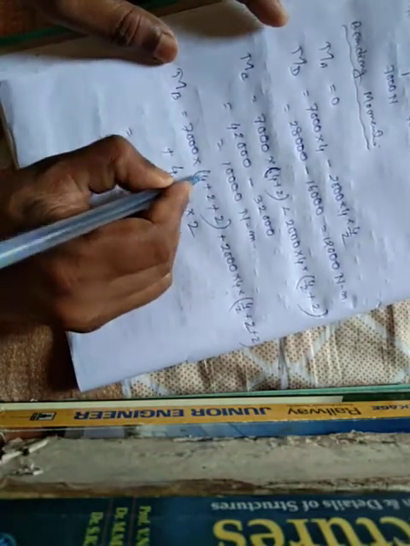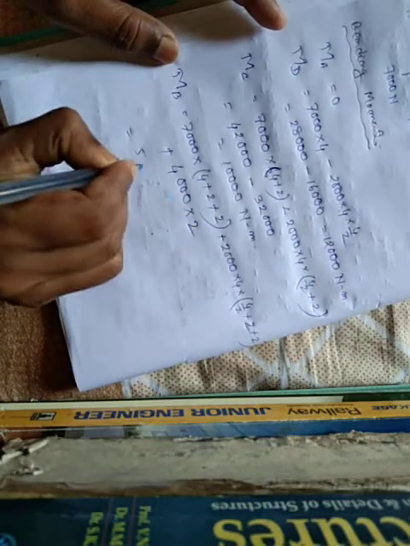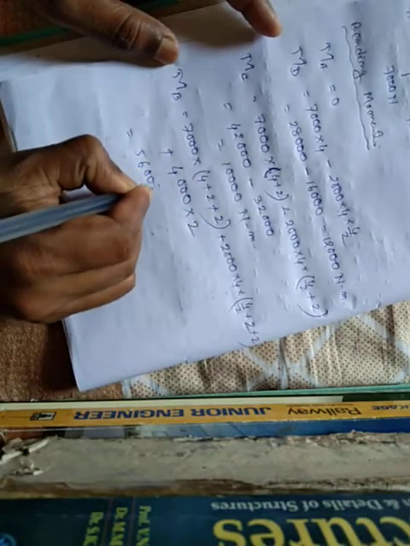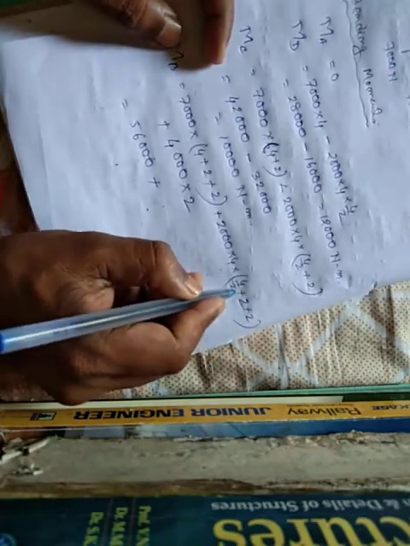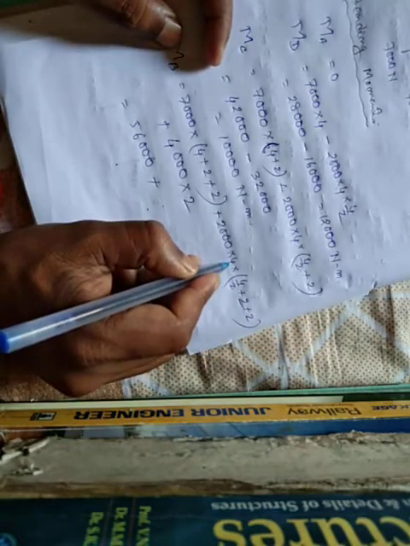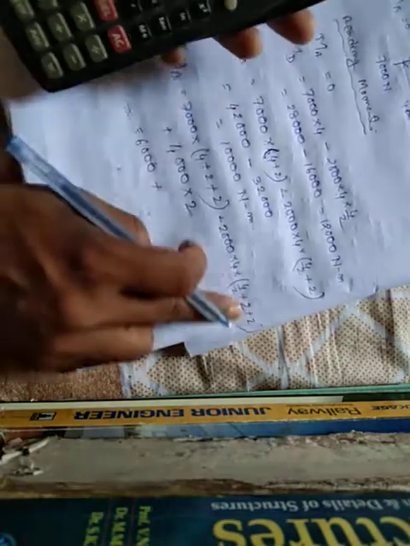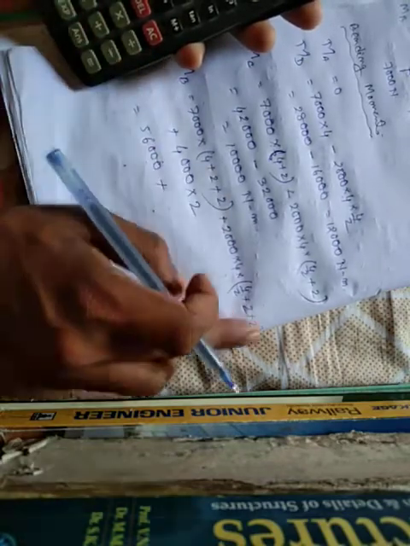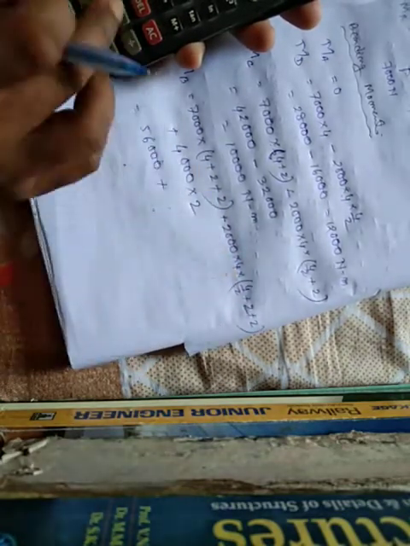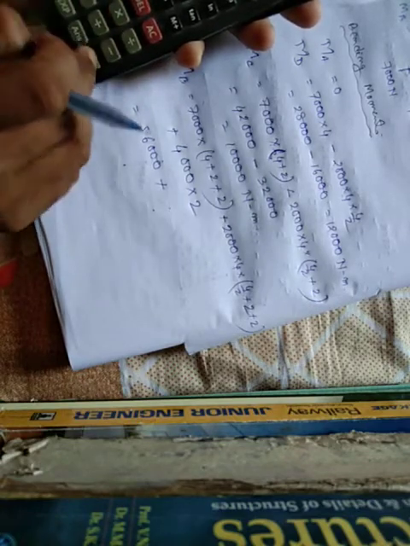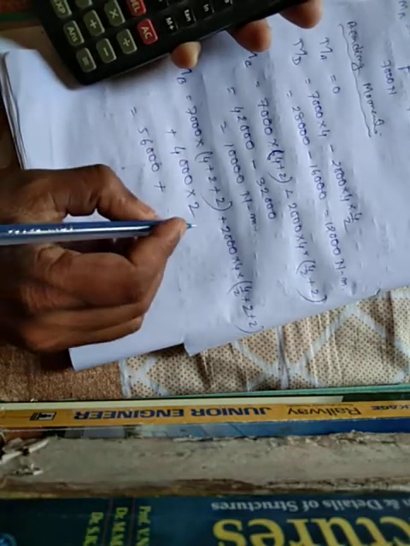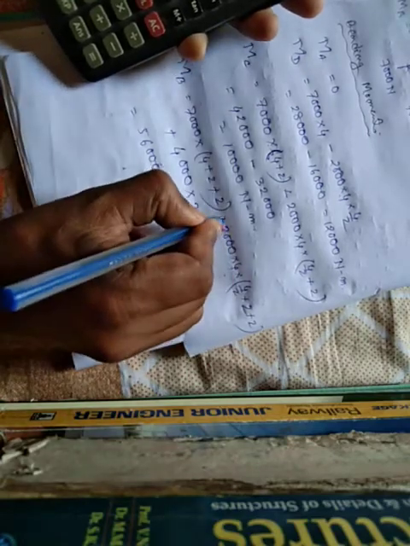So 56,000 plus, let me calculate it, 2000 into 6 into 4 which is equal to 48,000. Sorry, this is minus.